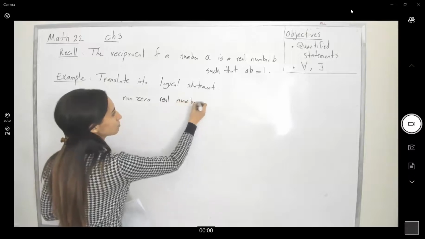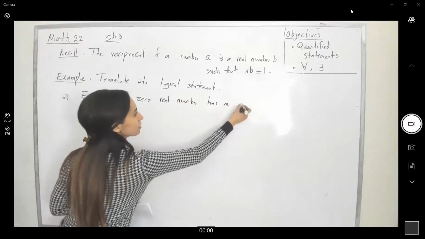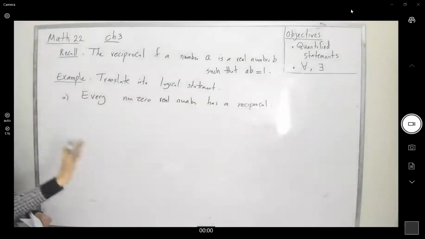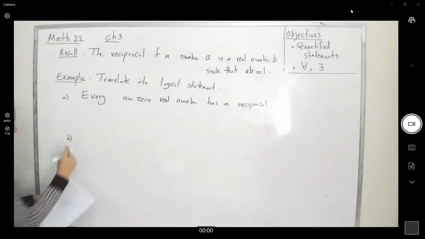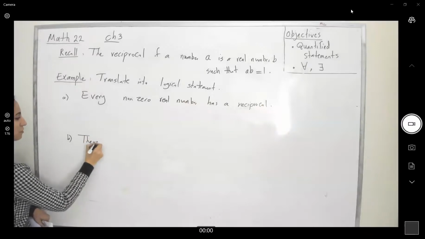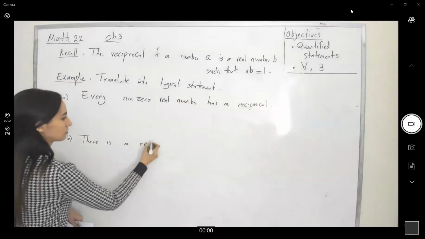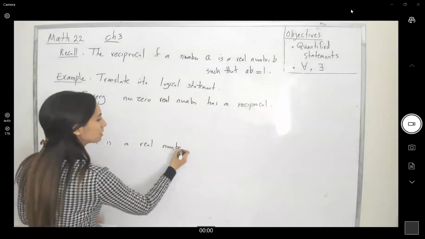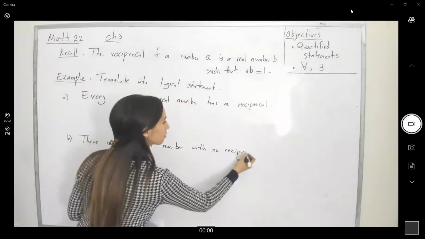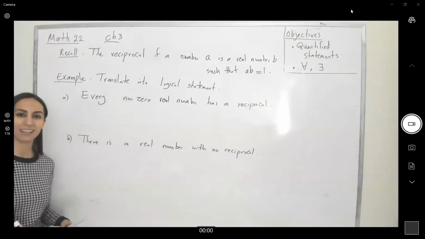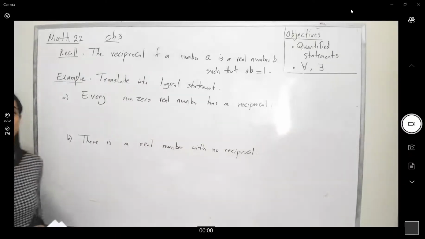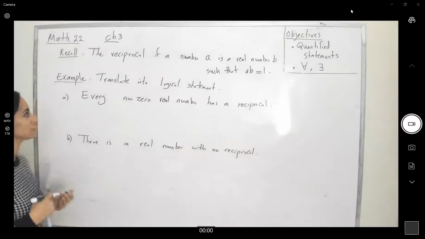This is your first sentence. The second one says, there is a real number with no reciprocal. Well, what's the difference between these two? How do we translate them into logical statements?